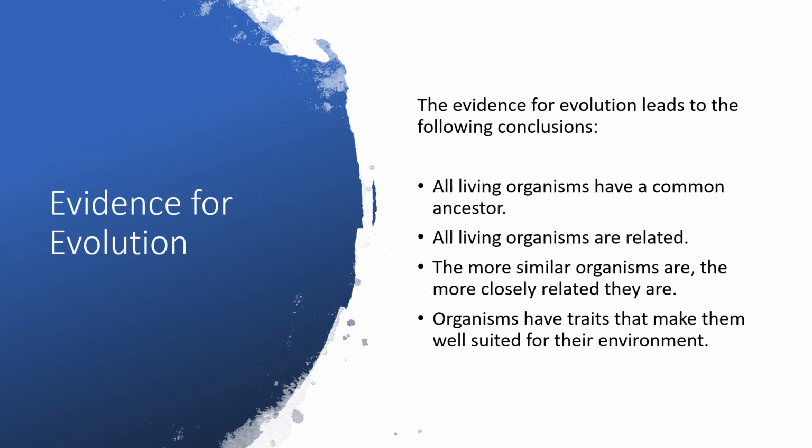Therefore, all living organisms are related. The more similar organisms are, the more closely related they are, and usually we're talking about DNA evidence on that one. And organisms have traits that make them well suited to their environment. So that's talking about how organisms or populations change over time.